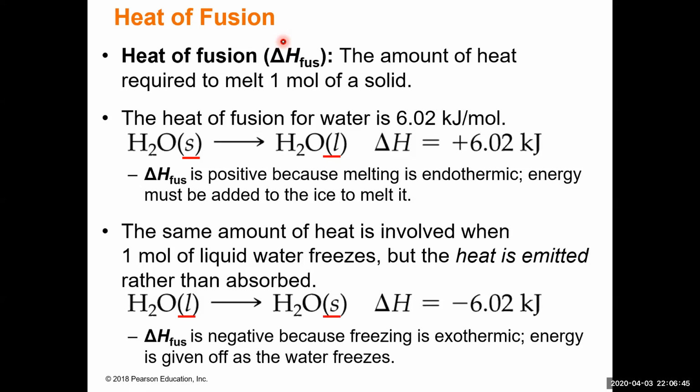So as we're melting water, that is, going from a solid state of water to a liquid state of water, our delta H of fusion will be positive 6.02 kilojoules. This is our delta H of fusion here, which is positive because melting is endothermic, which means the energy must be added to the ice in order to melt it.